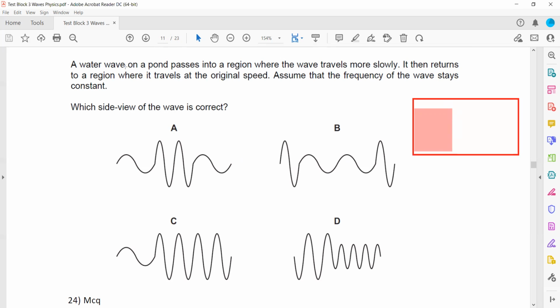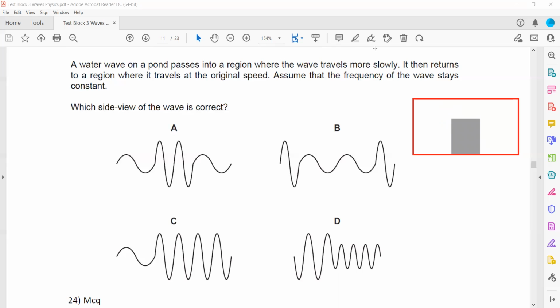As I mentioned, the wave passes into a region where it travels more slowly, so first it is a deep region, then it should be shallow.